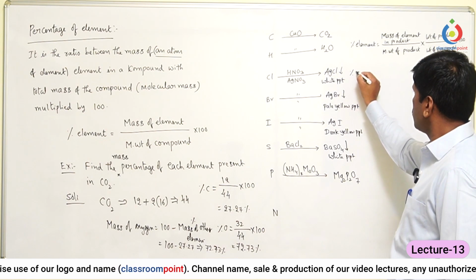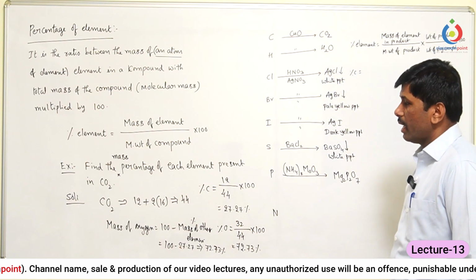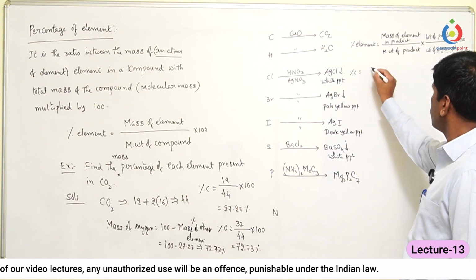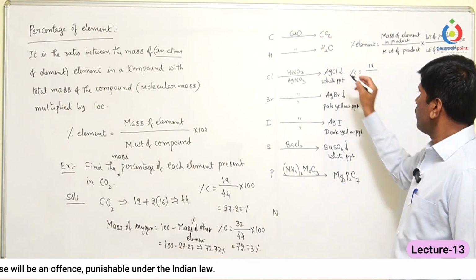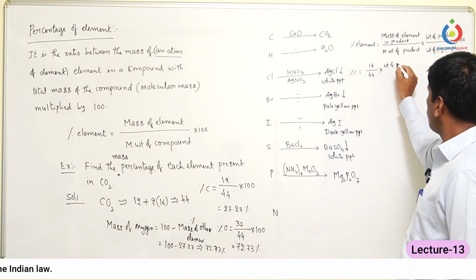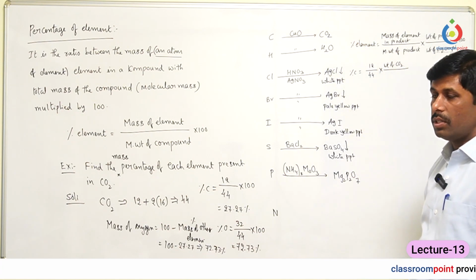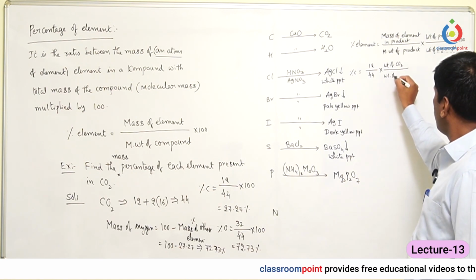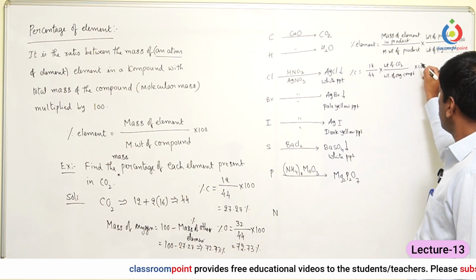So let us see percentage of carbon. Carbon is converted into carbon dioxide. How many carbons are there in carbon dioxide? Only one carbon, so its mass in the product is only 12 grams, divided by the total molecular mass of carbon dioxide, which is 44, into weight of CO2 formed, divided by weight of organic compound, into 100.